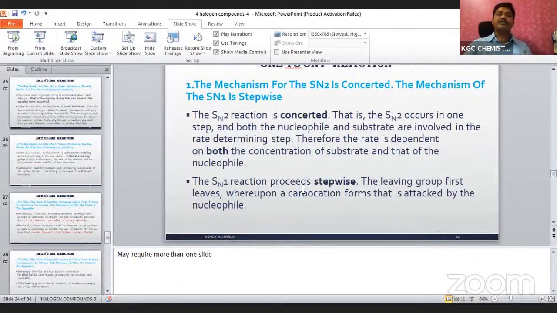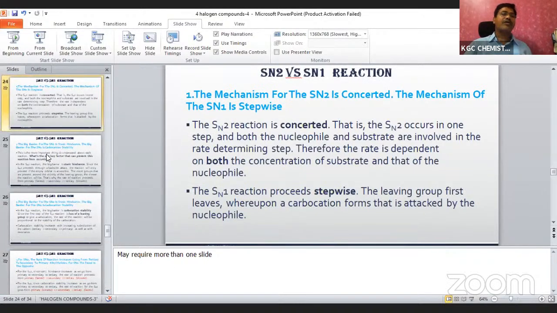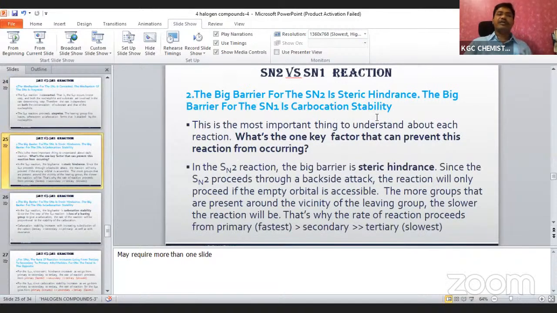What is the big barrier? The steric hindrance is the barrier in the case of SN2 reaction, whereas carbocation stability is the barrier in the SN1 reaction.